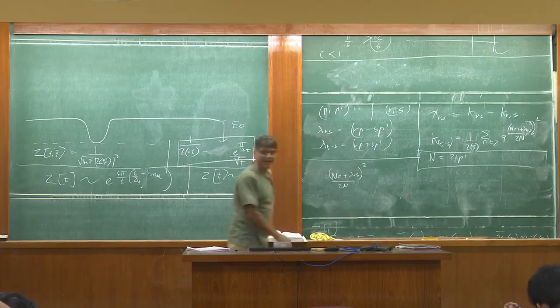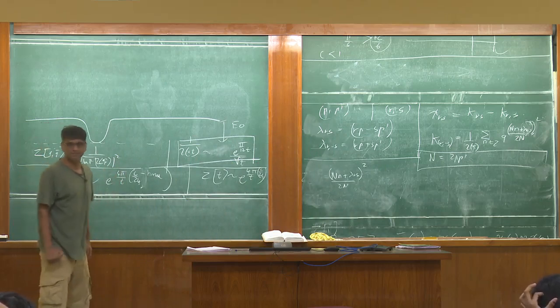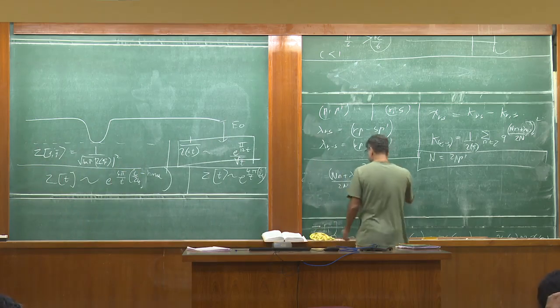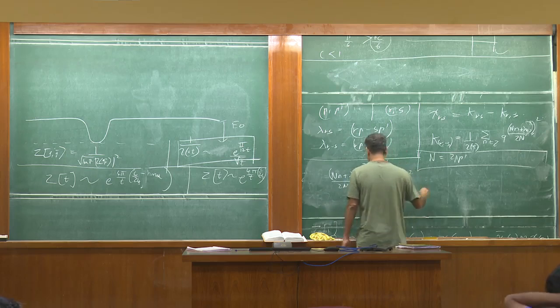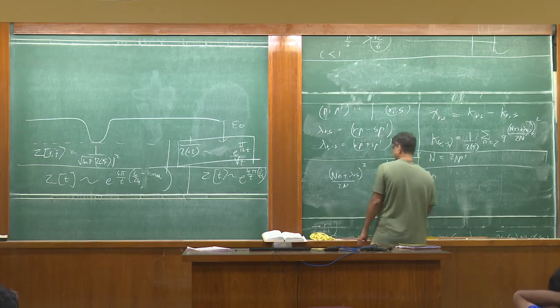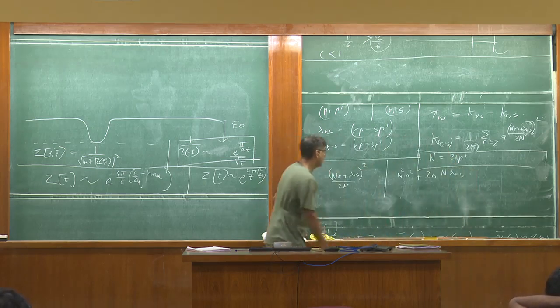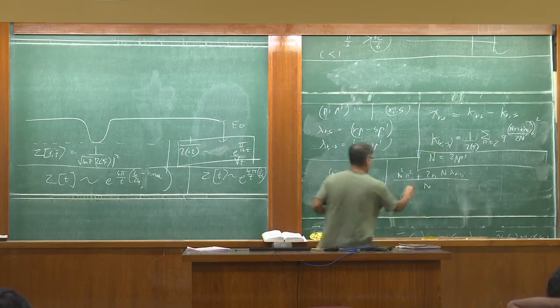Let's take this square and subtract it from n equals 0. Okay, so we get n squared N plus 2n lambda_RS, divided by 2N.